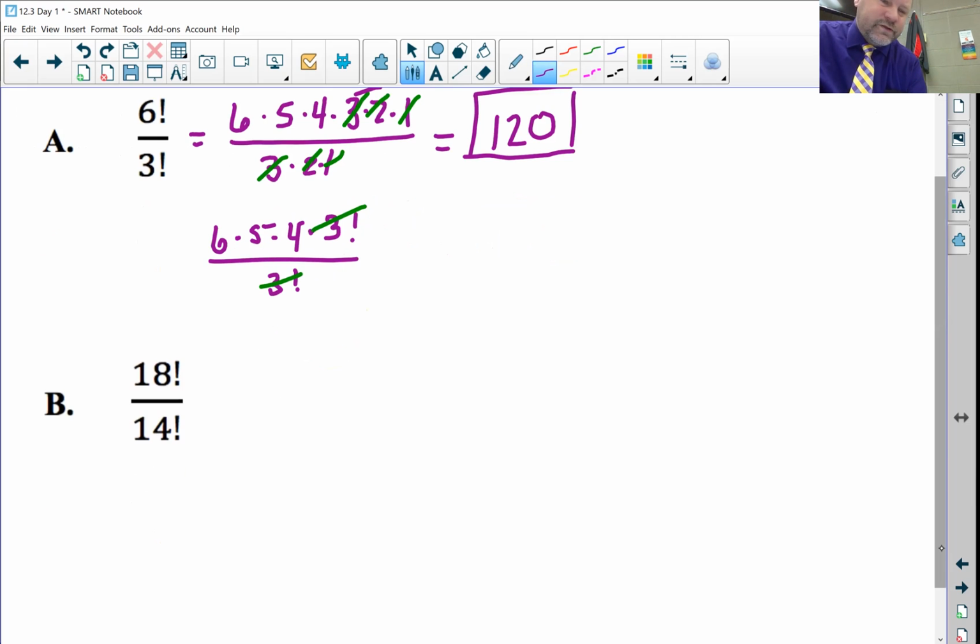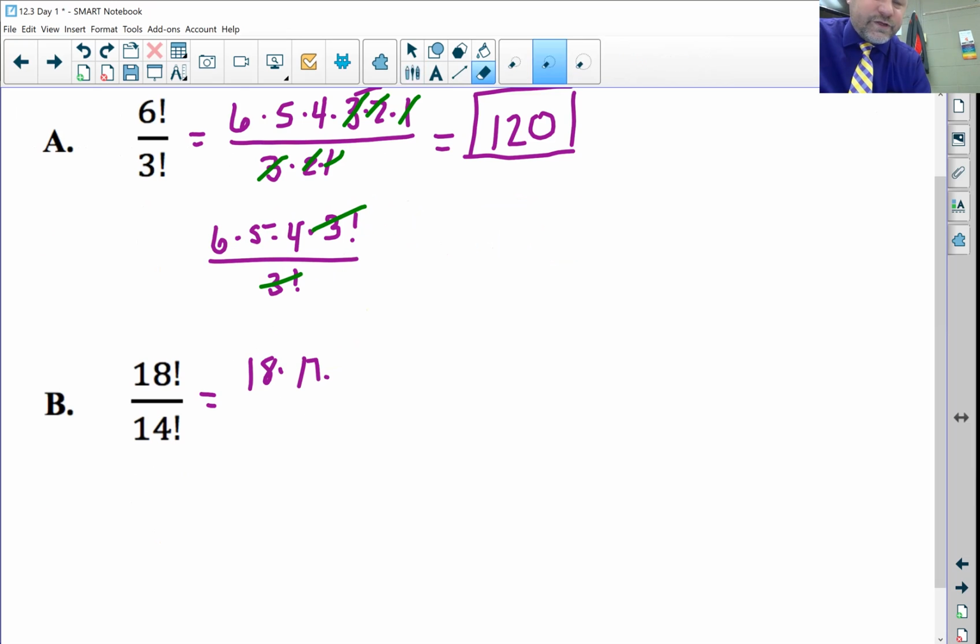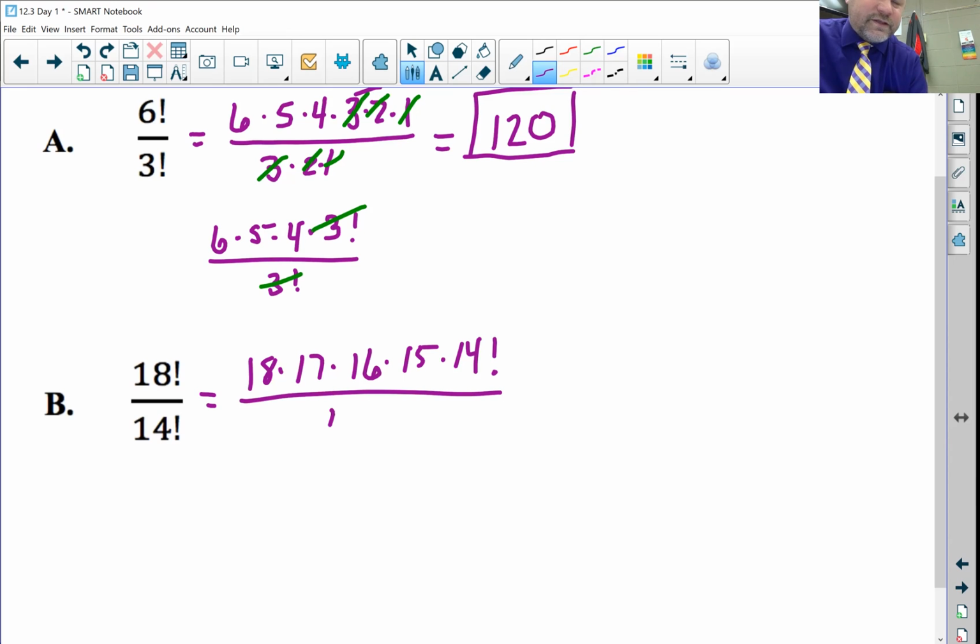18 factorial divided by 14 factorial. 18 times 17 times 16 times 15 times 14 factorial. And I stop at 14 because that's what's in my denominator.